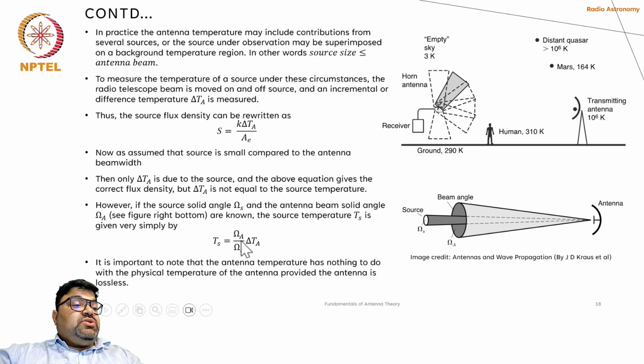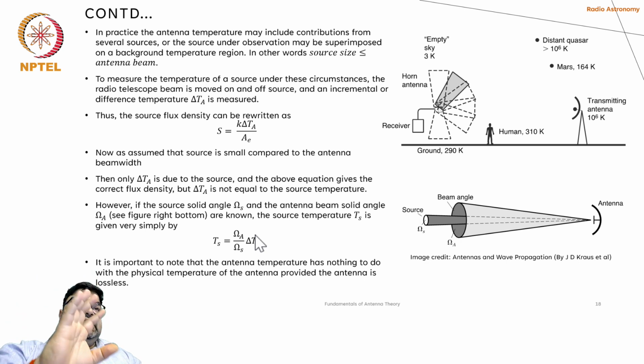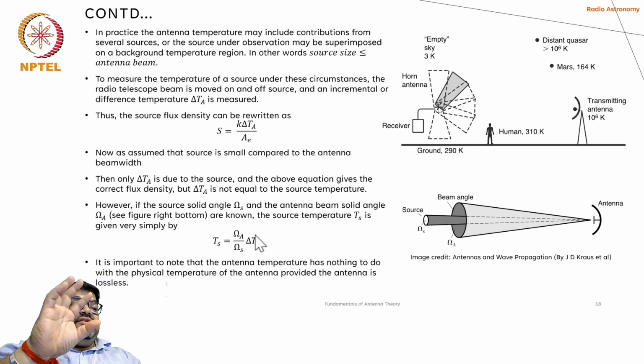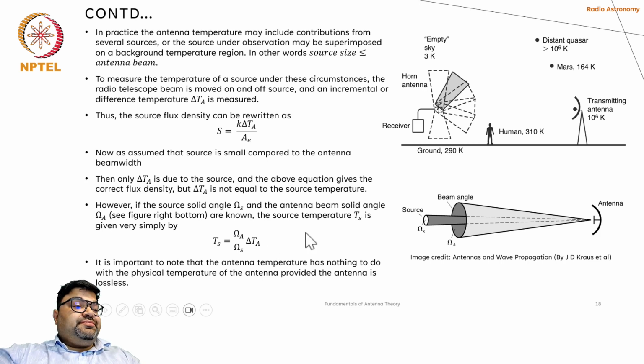So T source is given by omega A divided by omega s times delta TA, where delta TA is the differential between the on and off. On is the position where there is a background along with the source of interest coming through the field of view of the antenna, and off is where only the background is visible. There is no source of interest in the field of view.